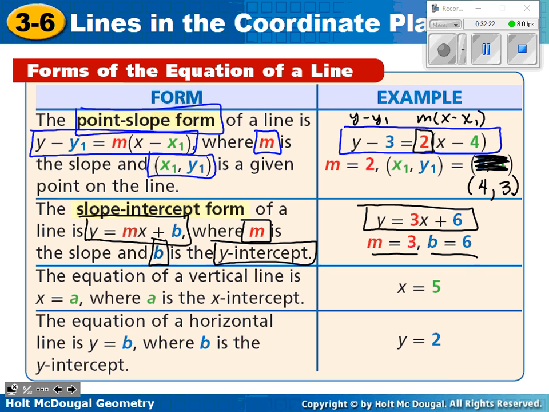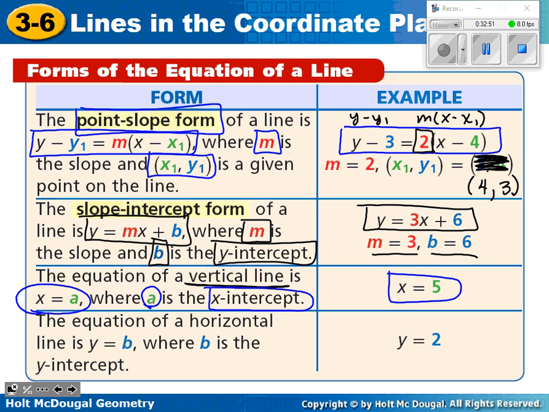If it is a vertical line, the equation will always be x equals a number, because vertical lines have an undefined slope, so it's not going to fit y equals mx plus b or point-slope form. It's x equals a number, and that number is where it crosses the x-axis. It's the x-intercept. For example, a vertical line might look like x equals 5.